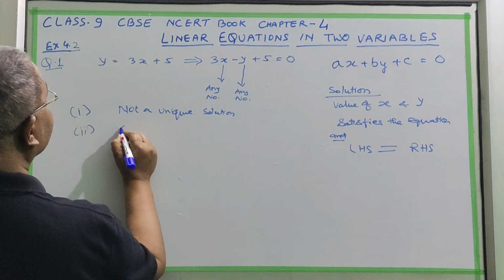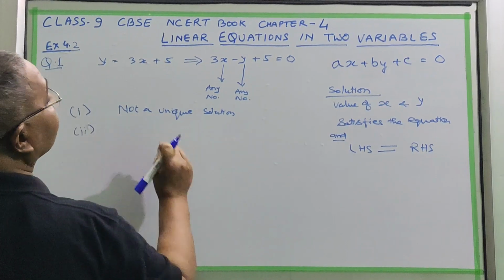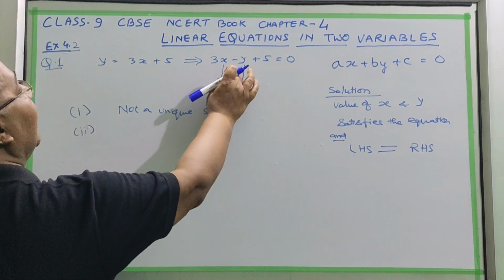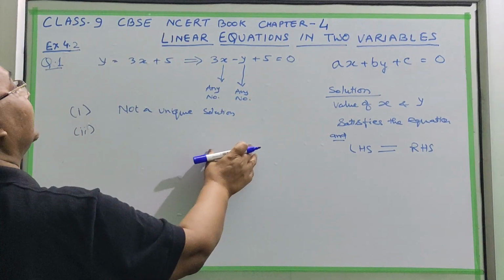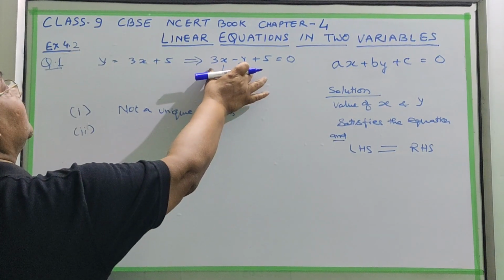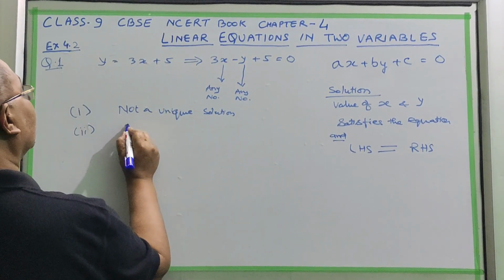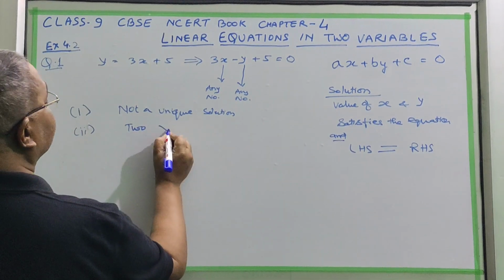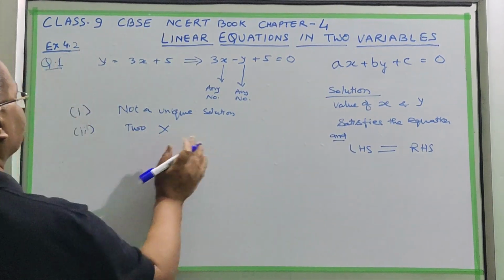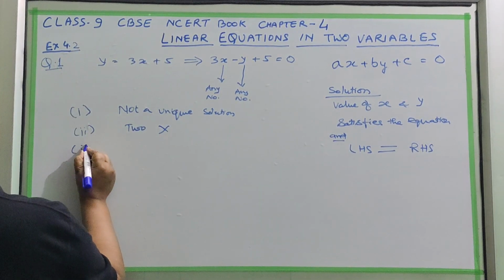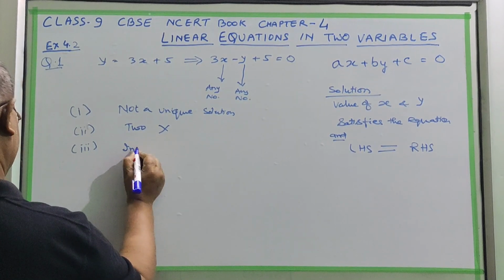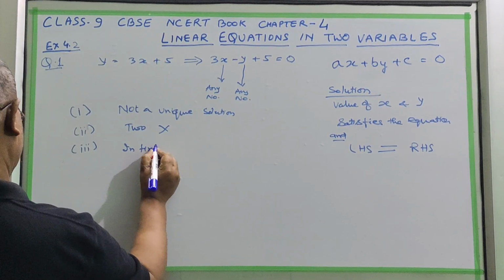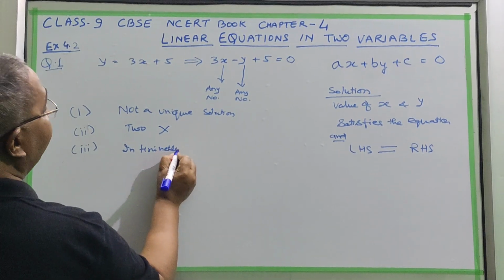Then sub-question 2: only 2 solutions. That is also not possible because the y value you can take anything, the x value also you can take anything. So we cannot say that only two solutions will be there. So for two solutions also it is no. Third is infinitely many.